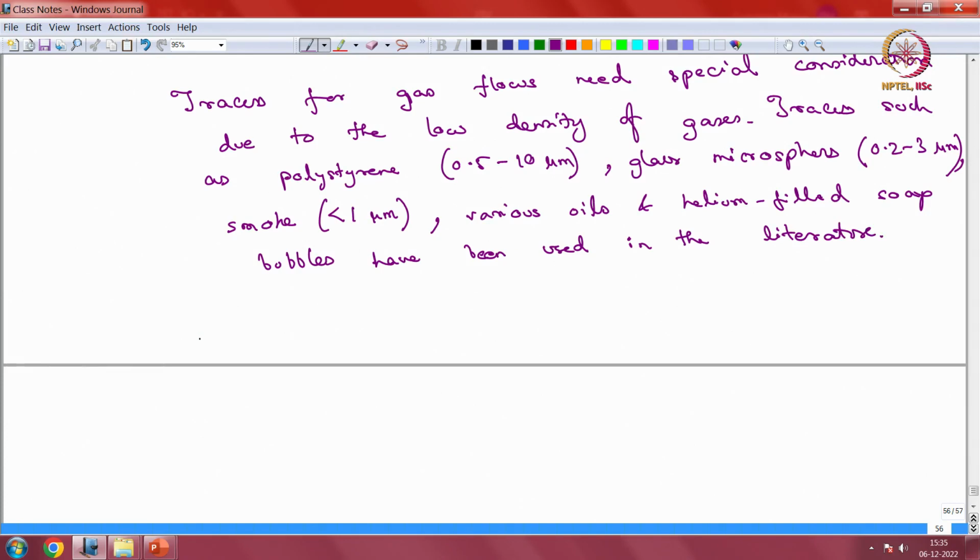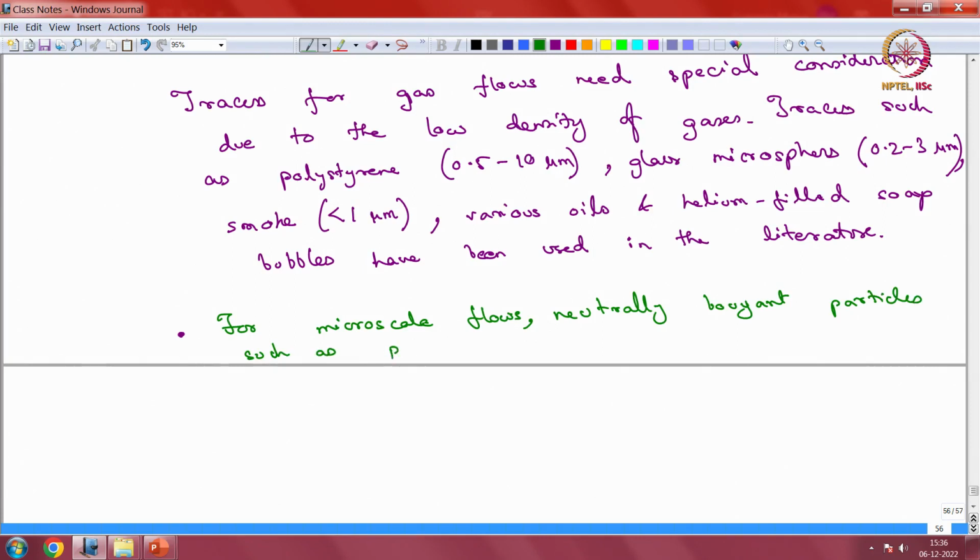Now, for microscale flows, I am just going to use a different color. For microscale flows, again the particle size has to be small enough compared to the channel size. Neutrally buoyant particles such as polystyrene particles.